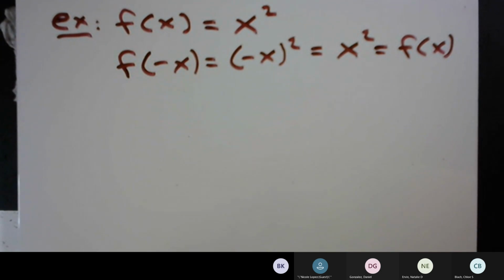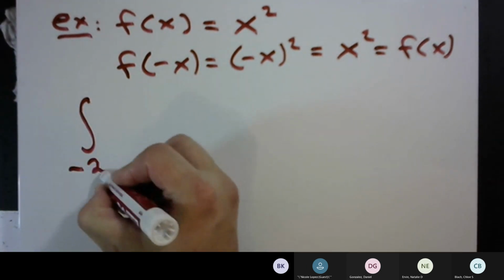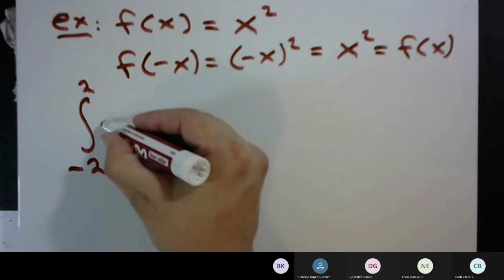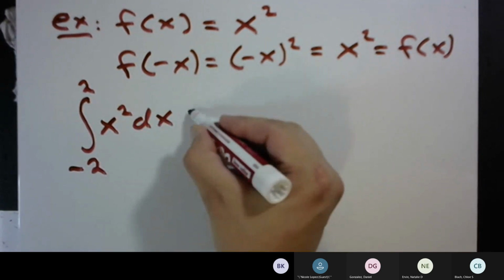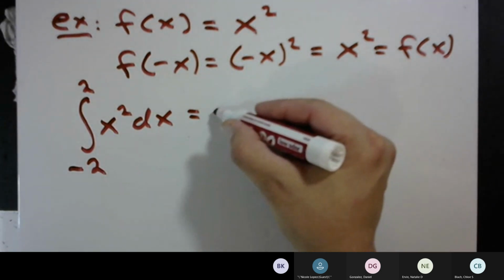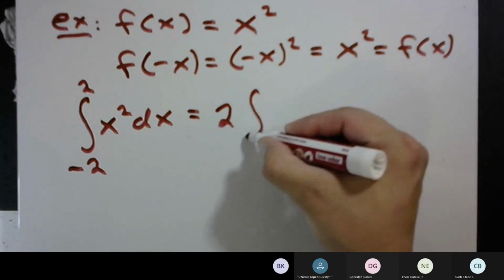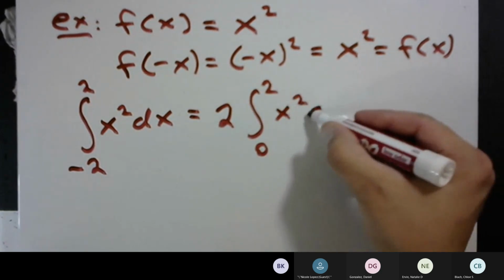So this tells us we have symmetry across the y-axis. So let's say we're going to integrate this from negative 2 to 2. Well, instead we can integrate from 0 to 2 and just multiply by 2.